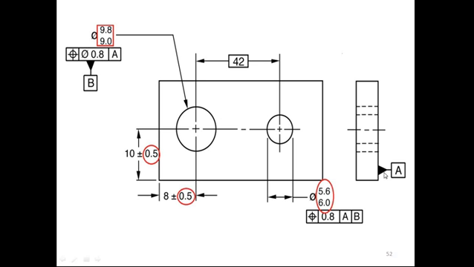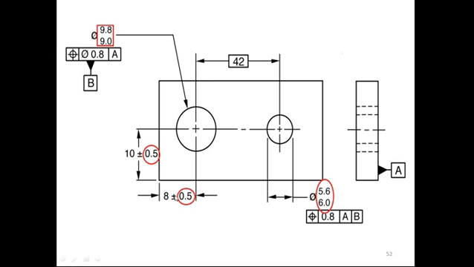Here this is datum B of this hole. Then the position of this hole with respect to datum A must be within 0.8 mm. That means the axis of this hole with respect to this bottom must be within 0.8, and that is shown by this symbol.